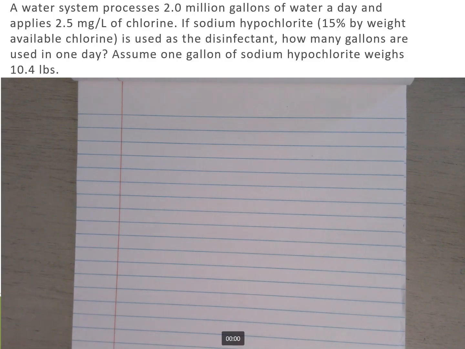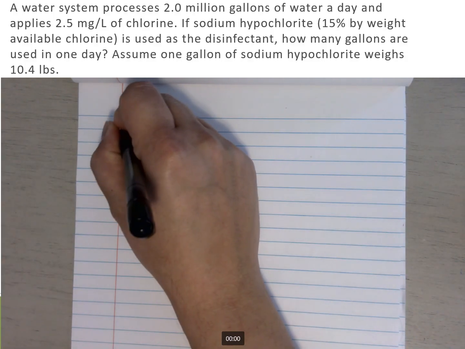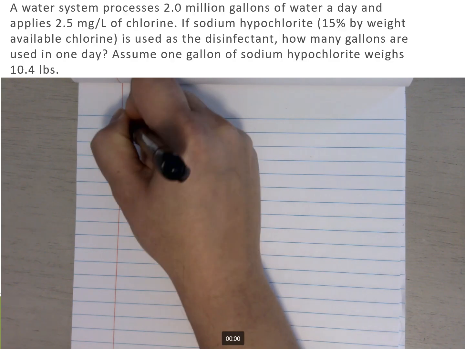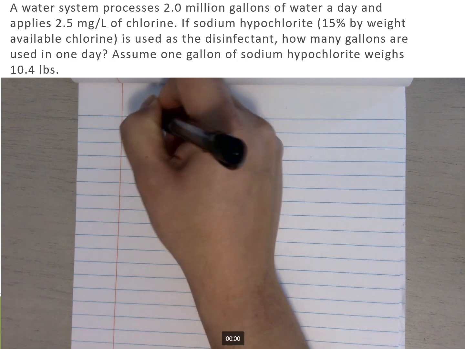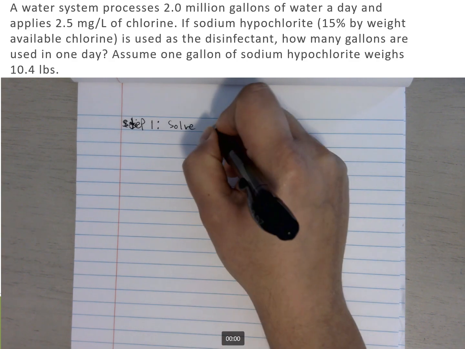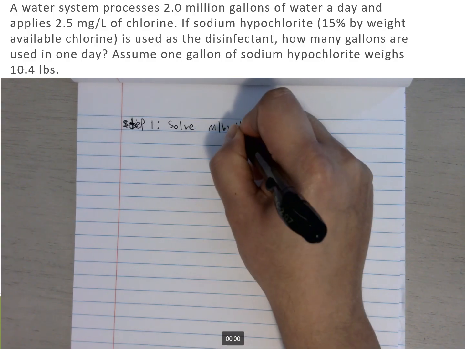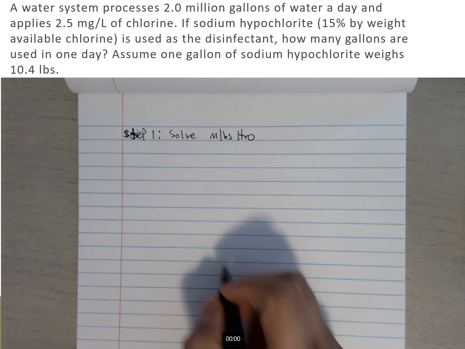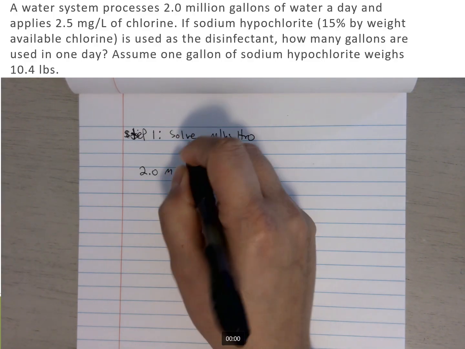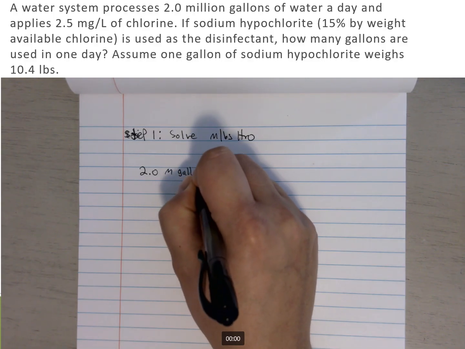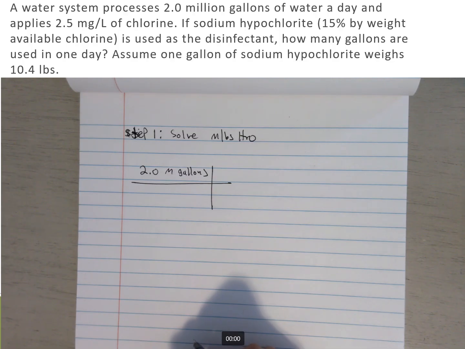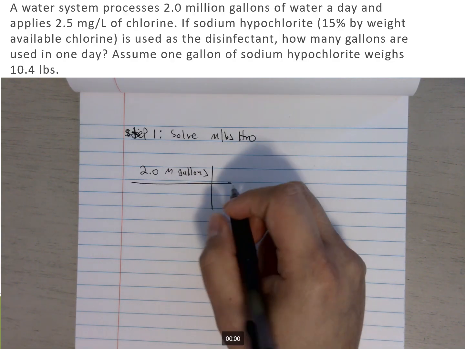When solving dosage calculations, again, step 1 will be to solve for your 1,000,000 pounds of water, right? So we go through, we set that up. 2 million gallons are being used every day.